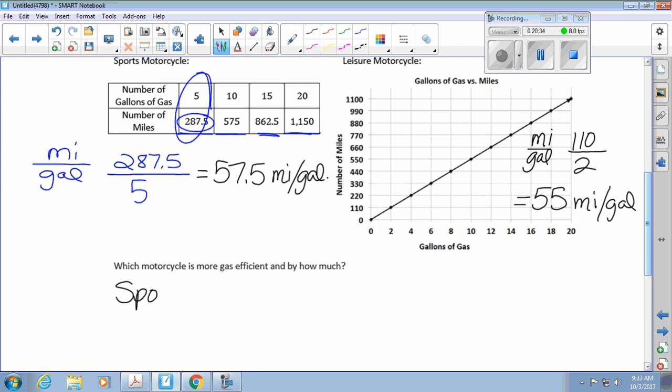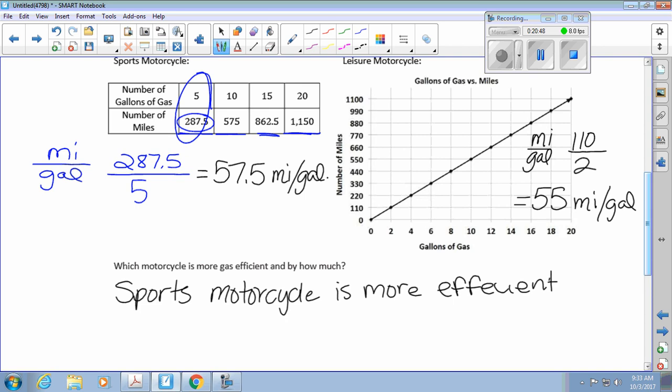All right. So the sports motorcycle is more efficient by how much? 2.5. How did you figure that out?